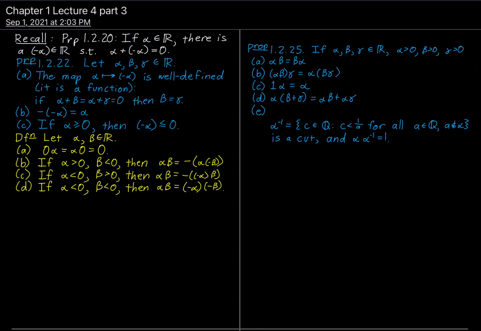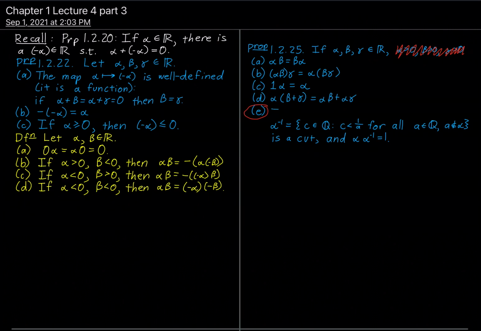You can carefully check proposition 1.2.25. You can check that everything still works, even if alpha and beta and gamma are allowed to be negative or zero, except of course for this one.